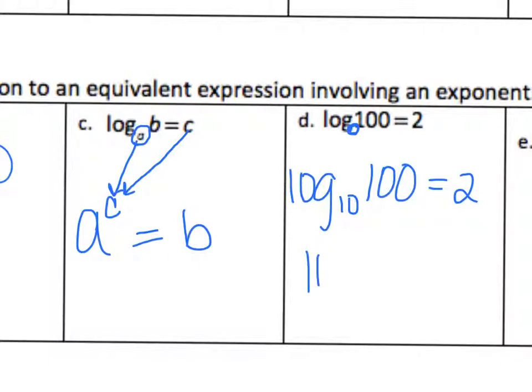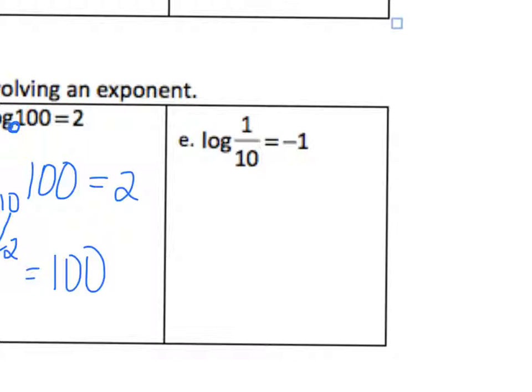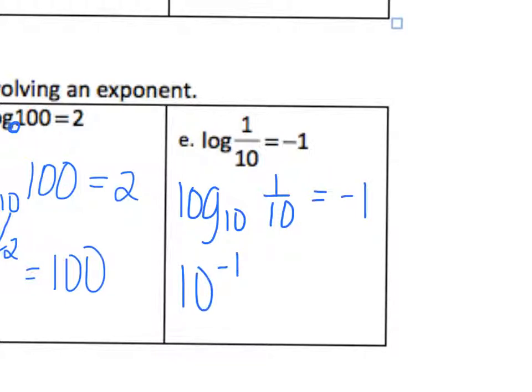So I'm going to take 10, raise it to the second, and that's going to equal 100. And last but not least, again, this one doesn't have a little number next to the log, so it's going to be 10. So we have 10 to the negative 1 equals 1 over 10.